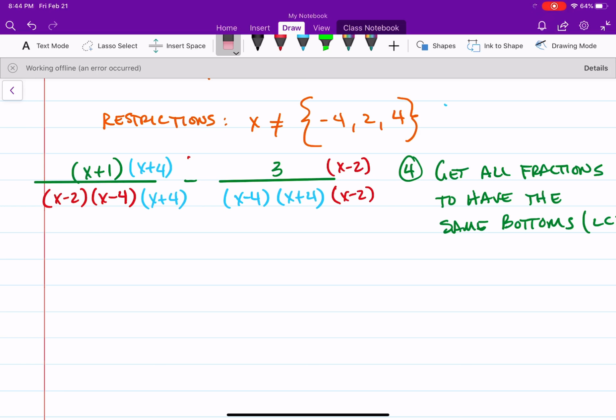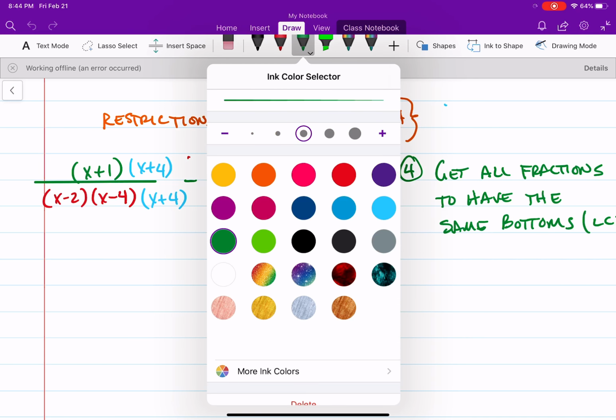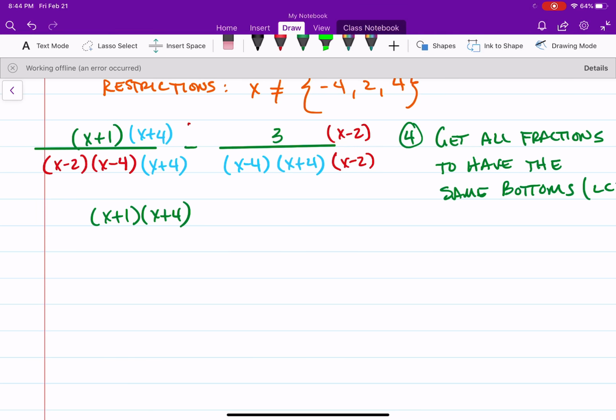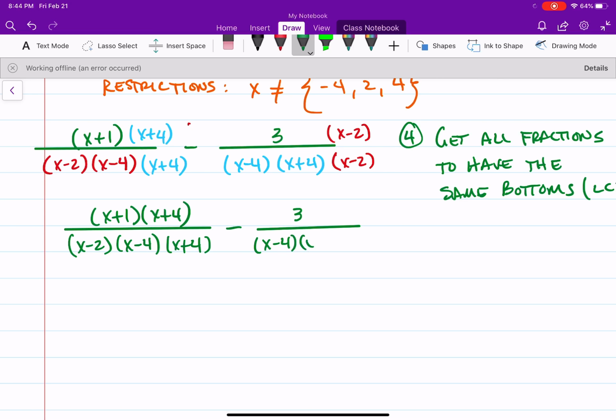So right now I have an x plus 1, x plus 4, over x minus 2, x minus 4, x plus 4, minus 3, over x minus 4, x plus 4, oops, forgot this, and x minus 2. So that's what I have in step 4.